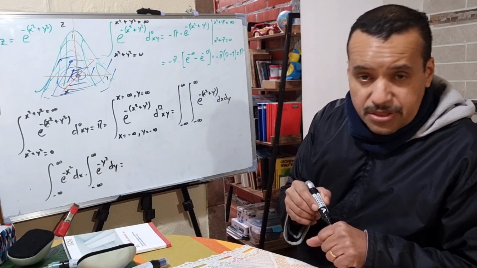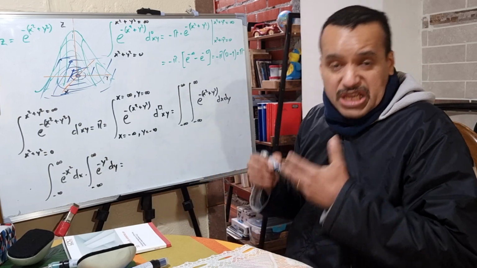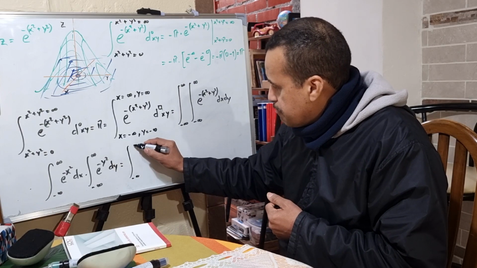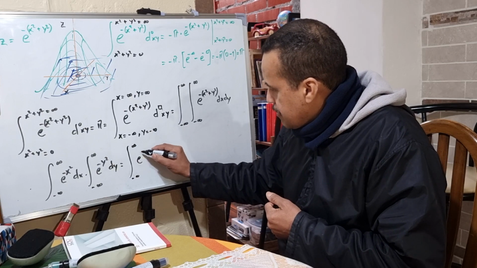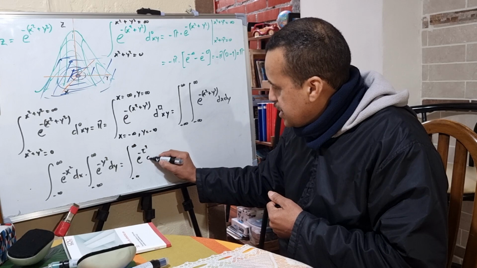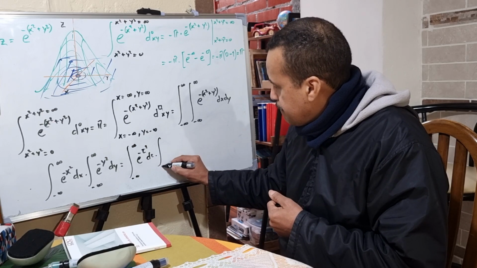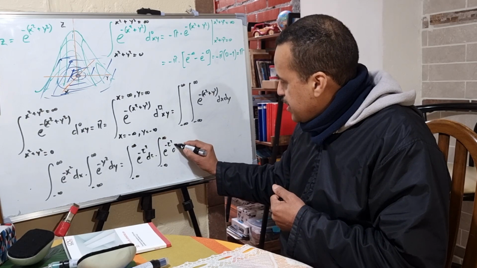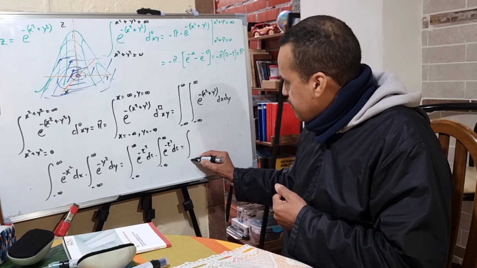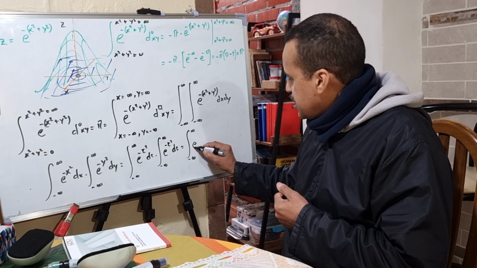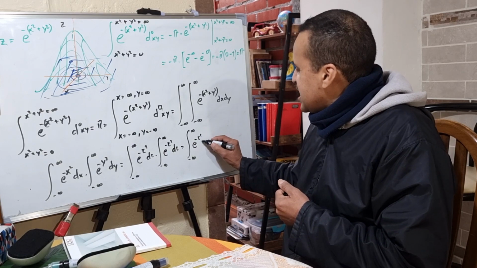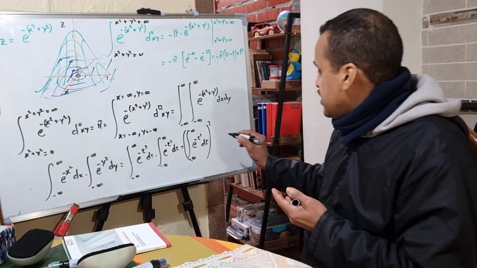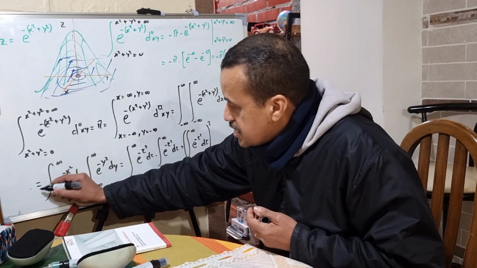We can change the variable and put a common variable, t, and this is equal to the integral from minus infinite to plus infinite of e to minus t squared dt, squared. And we know that this is equal to pi.